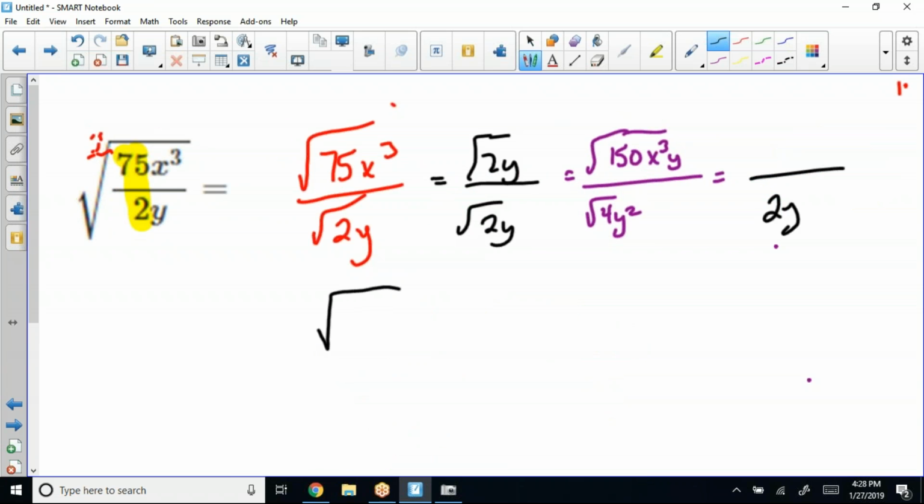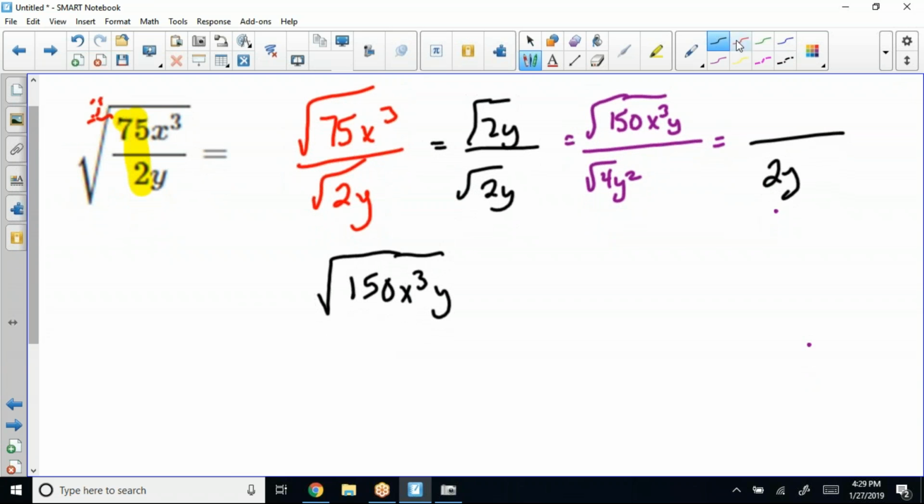Now, we've got to take 150 x cubed y and simplify it, right? So 150, well, I can do square root of 25, and I don't know, what is that, 6 times, I think. And then that's 5.